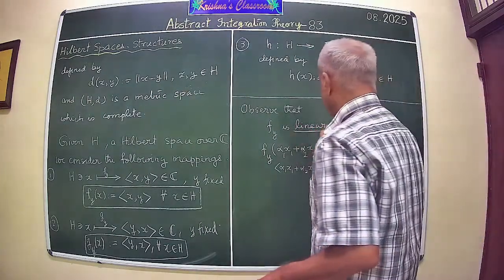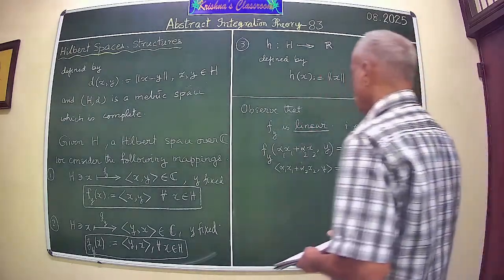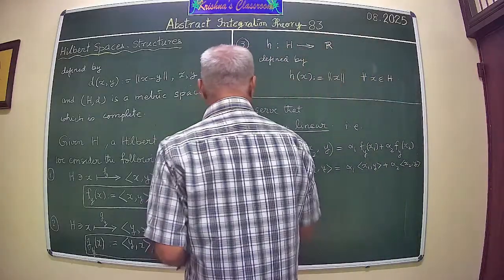Therefore Fy is linear. That is one property.